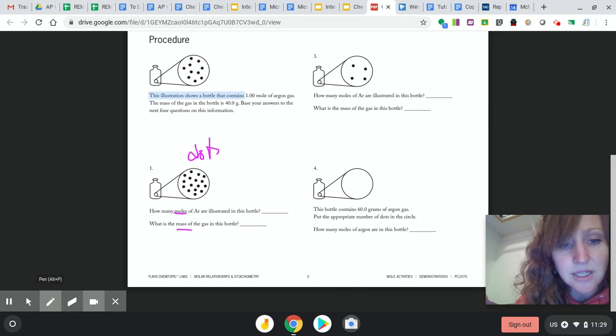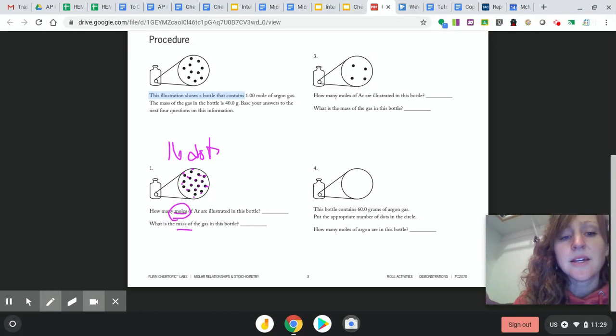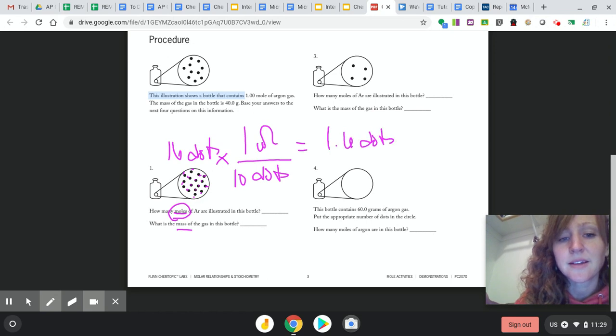So let's see how many dots they have. 16 dots, and we want to convert that into moles. So if 10 dots are equal to 1 mole, then 1.6 moles is in the bottle.